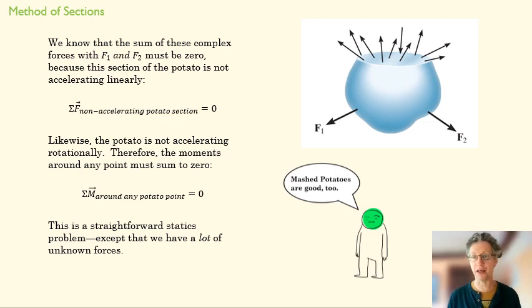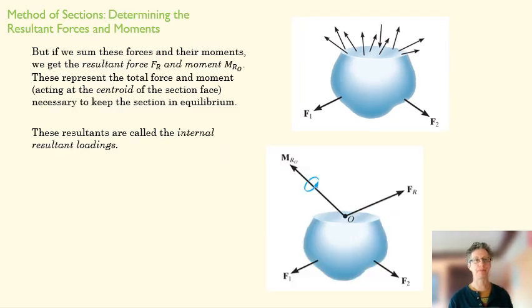The problem is we've got a ton of unknown forces here, right? So we don't have enough equations here to solve for all those unknown forces. So what do we do with that? Well, we're going to sum all of those and call it a resultant force and a resultant moment.